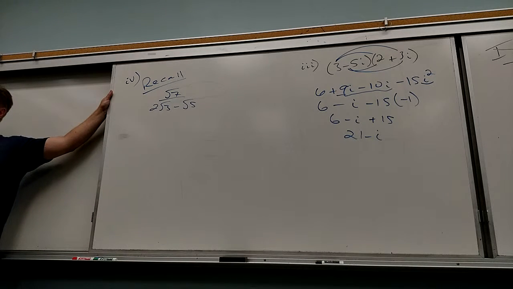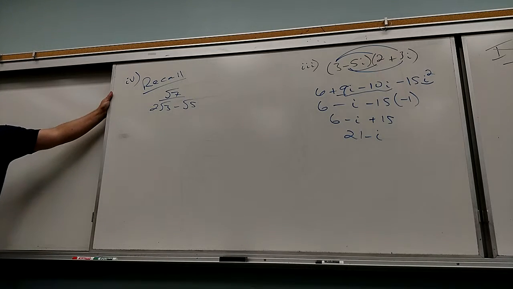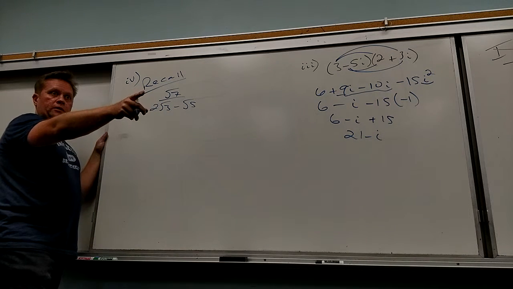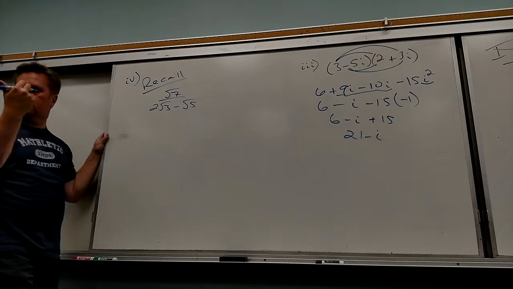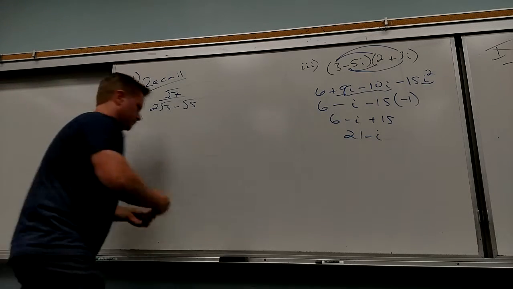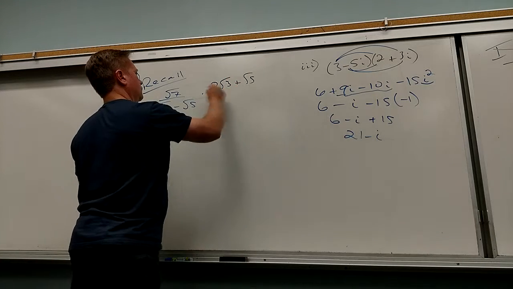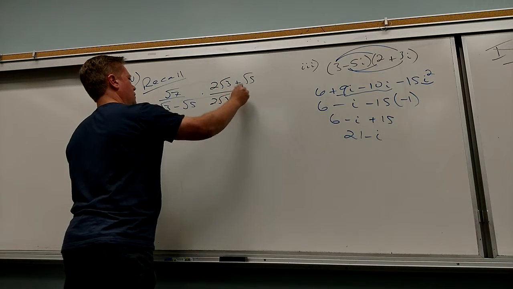I can see that the bottom doesn't equal 0. There's no variables in there, there's numbers. I know they're not 0 because they're not the same. But you want to multiply by the conjugate, which is 2x plus 1.